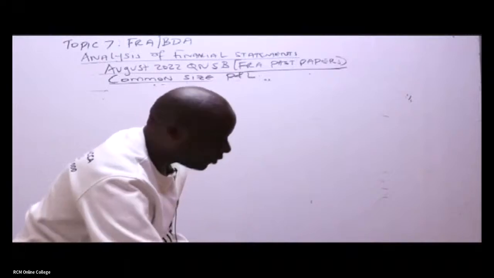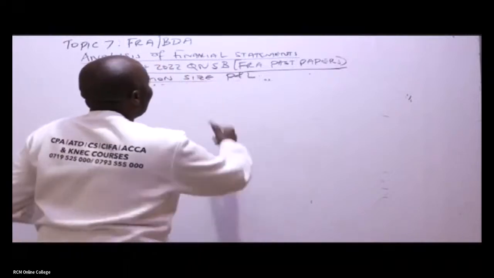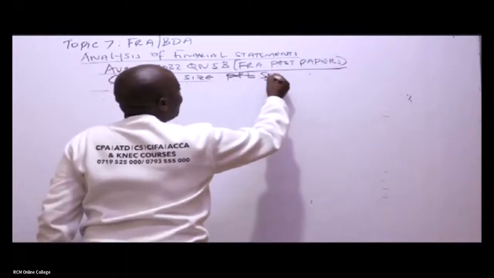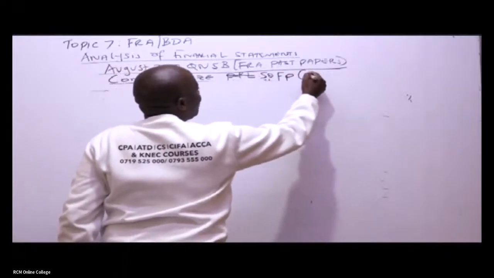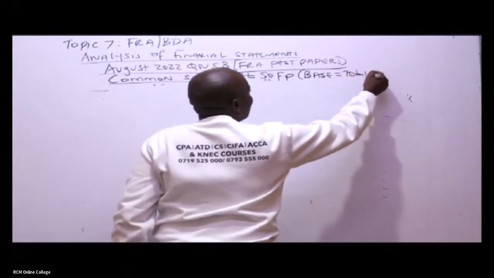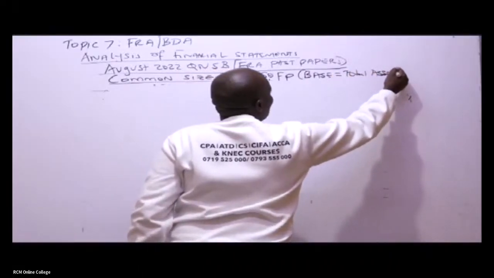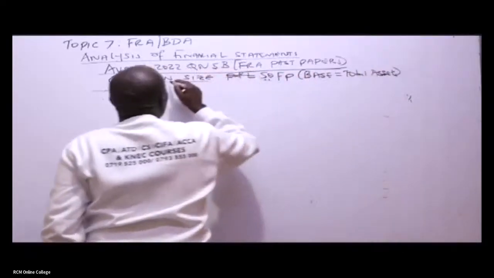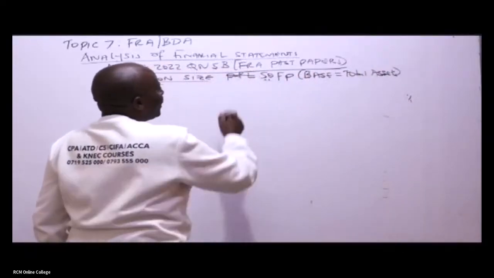So under the common size statement of financial position, our base will always be equal to total assets. Look for the total assets figure. Let's start with Able.